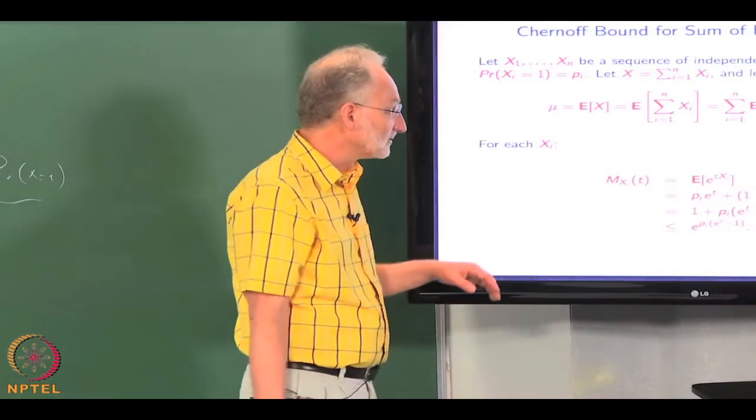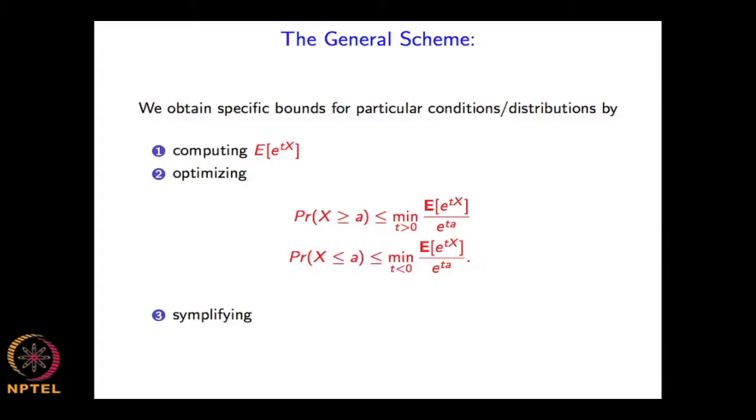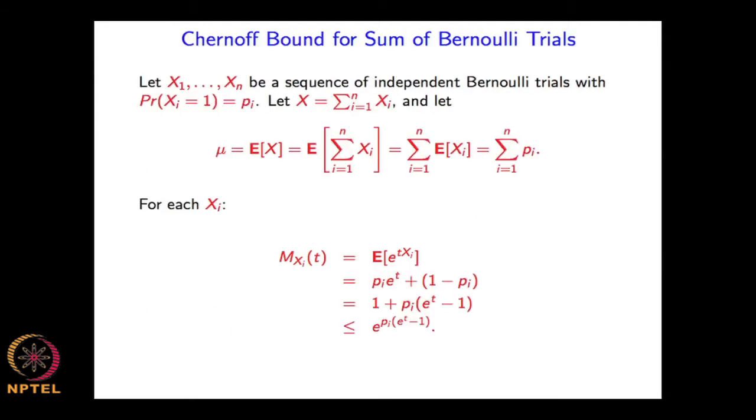So we'll try to use this recipe. The first step is to compute the moment generating function, the expectation of e^(tX), and that's usually where the difficulty is. But now we use the fact that X is a sum of independent random variables.